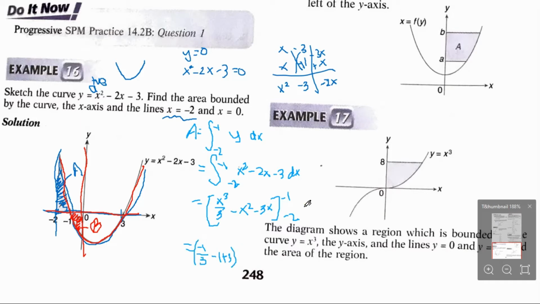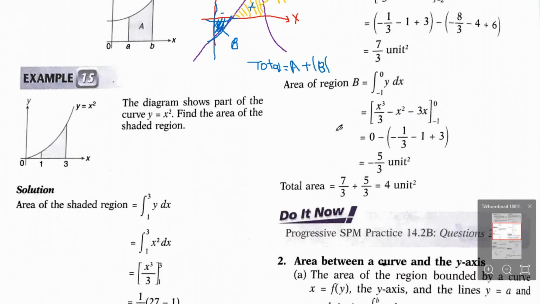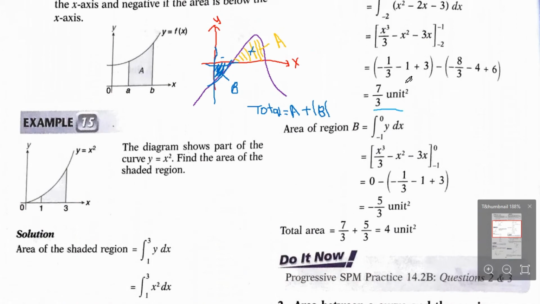Okay, after that we have to substitute negative 2 into x. So minus negative 2 cubed, so negative 8 over 3 minus 4 plus 6. Okay, use the calculator to find the answer. Then you will have 7 over 3 unit squared.